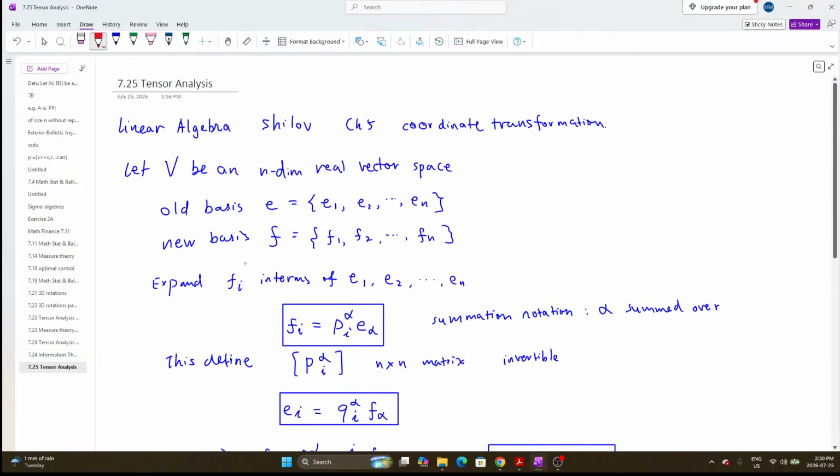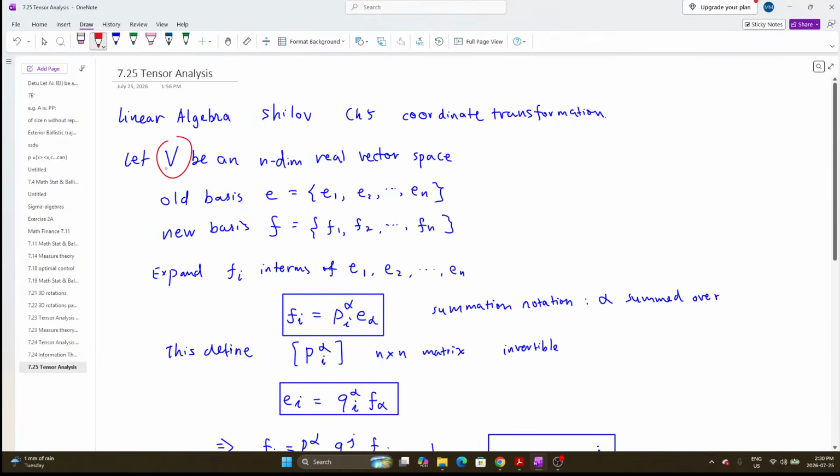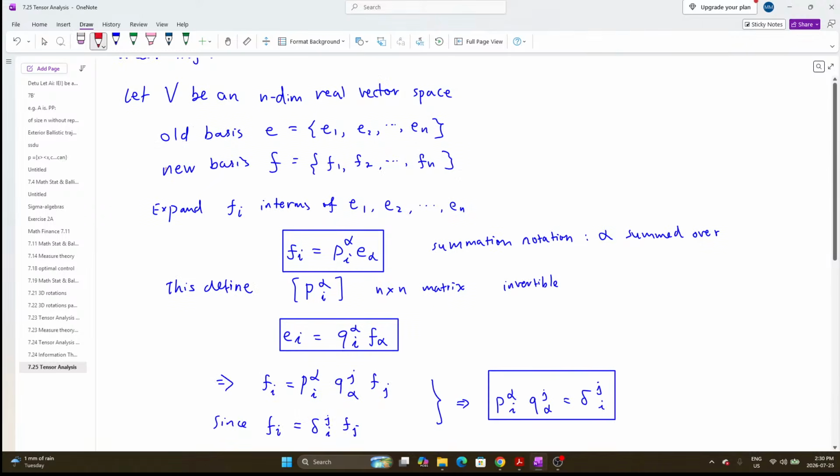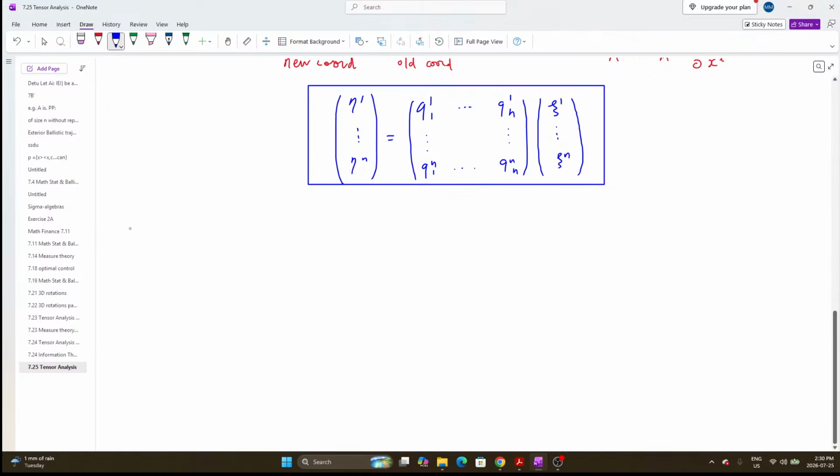All right, and now we can consider the other situation. We're not considering the vector v anymore. Instead, we're considering the so-called dual space. To recall the definition, a dual space is the set of linear functionals defined over V. So now let's consider the other situation where you have the dual space. Not every introduction to linear algebra covers dual space, but basically the dual space V star is the set of linear functionals.